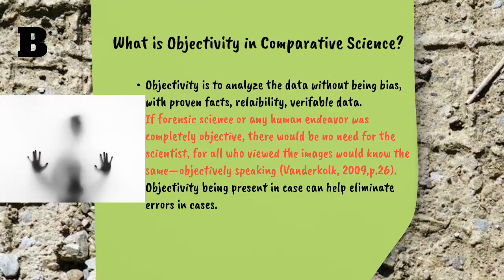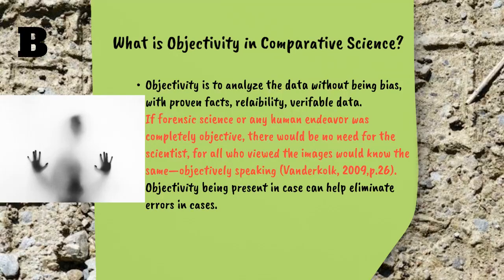As we looked at what objectivity is, it is data that is not being biased. It does have proven facts. It does have reliability, and you're able to verify it. That is why this is more credible and useful as it relates to subjectivity.